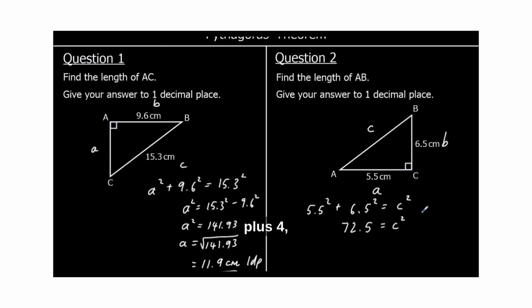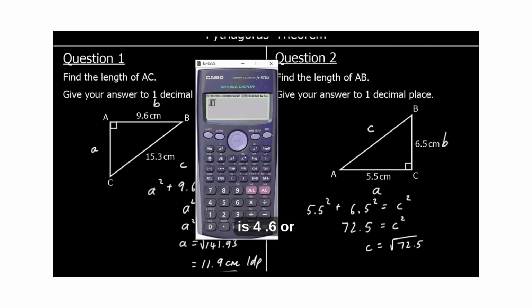And to get c by itself, we square root both sides. So c is the square root of 72.5, which to 1 decimal place is 8.5.